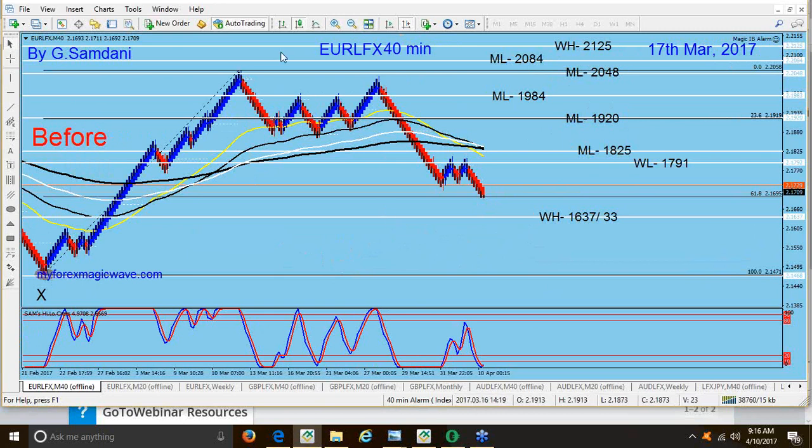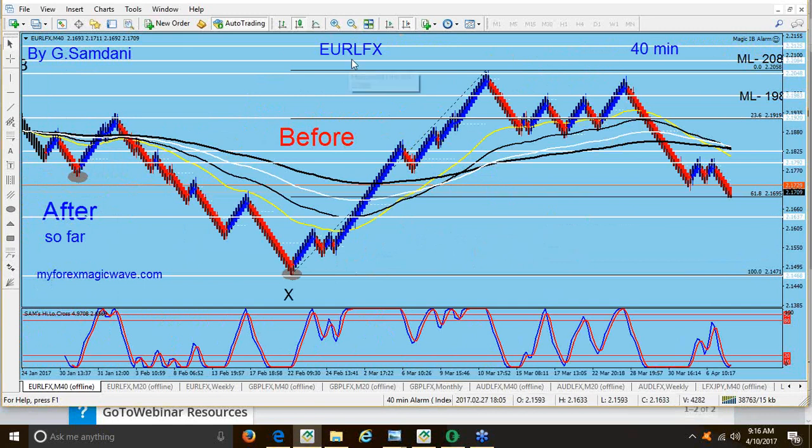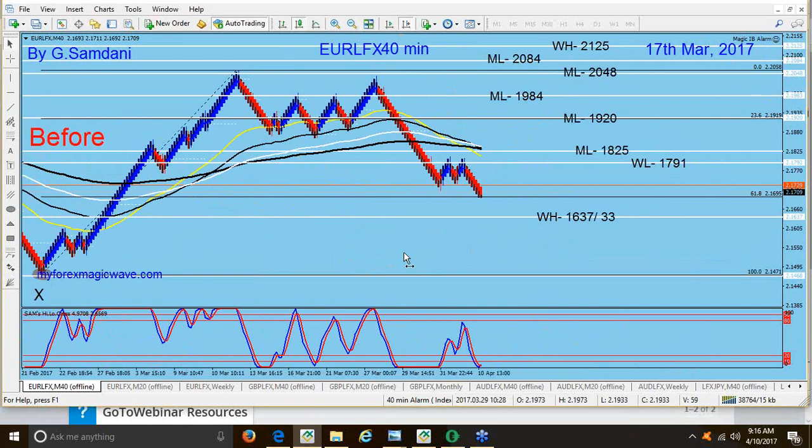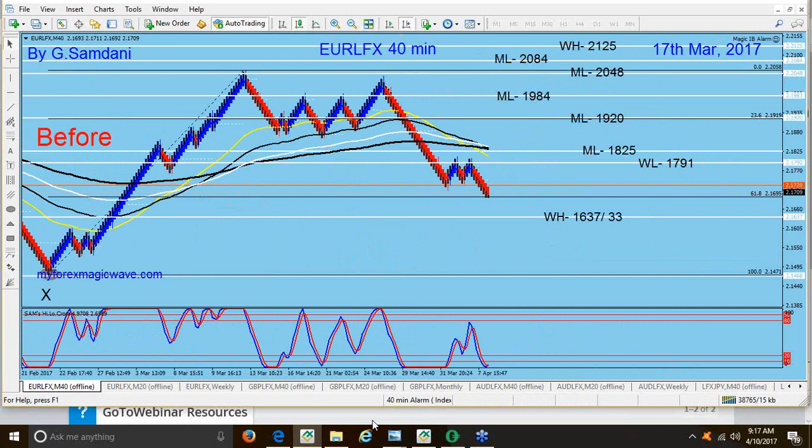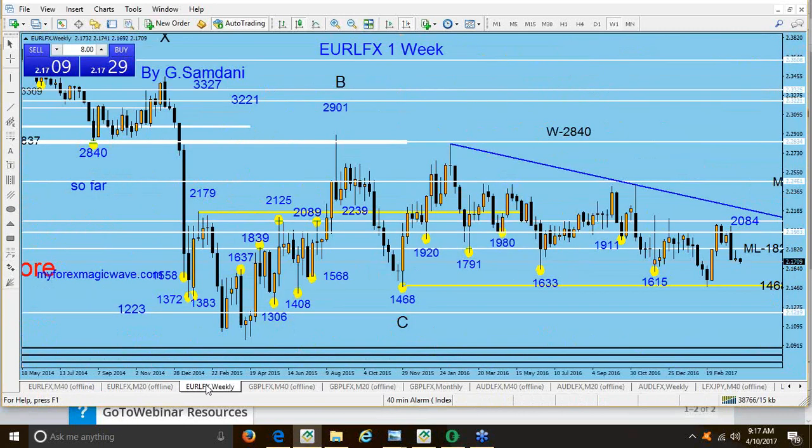This is the chart that is interesting right now for me. It's the 40-minute chart of the Euro index, and there is some pattern here. See, Euro is in a sideways movement, very nasty movement, just going up and down and up and down on a weekly chart.